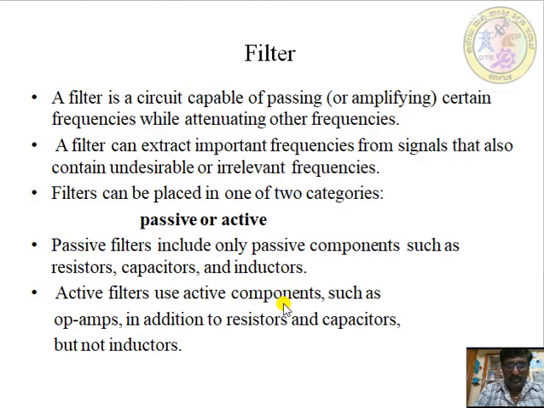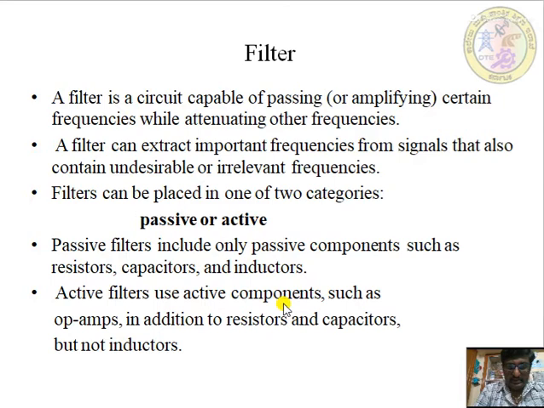A filter can be placed in one of two categories, that is passive or active, depending upon what kind of components are used. Passive filters include only passive components such as resistors, capacitors and inductors, and active filters use active components such as op amps in addition to resistors and capacitors, but not inductors.